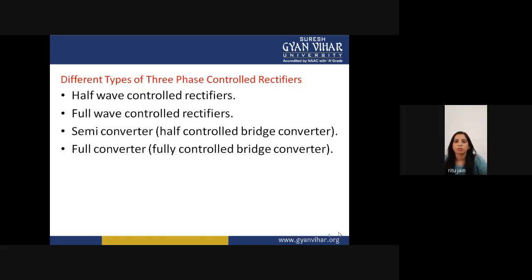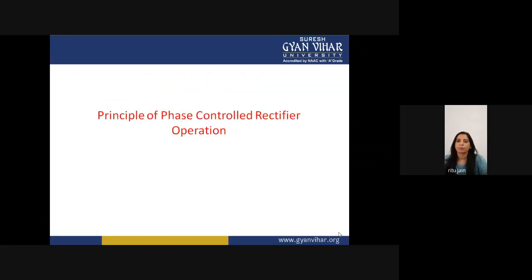Okay. So the semi converter is called a half controlled bridge converter, and the full converter means a fully controlled bridge converter. So, what is the basic principle of phase controlled rectifier operation? If you are using the term controlled with rectifier, it means you are not using a diode.